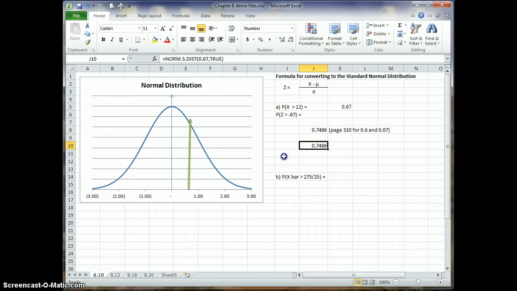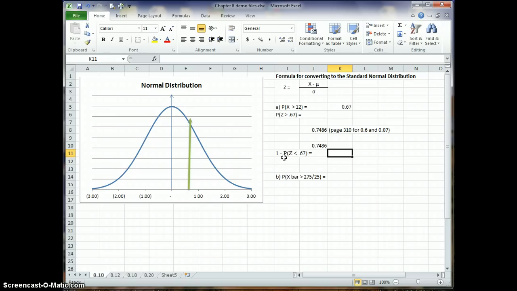In this case what we're really looking for in that probability is 1 minus the probability of Z less than 0.67.